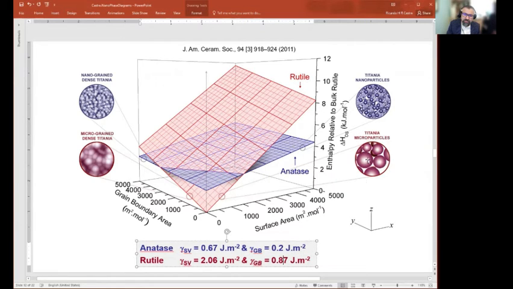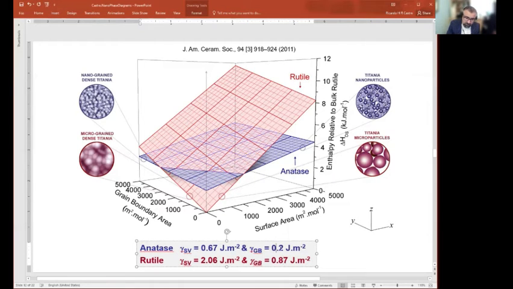So if I go to the extreme case where I only have dense samples, with no surface, a fully dense material, then I can write a graph that is basically grain boundary area as a function of energy as well. And you see that you have coarsened grains close to zero here, and you have fine grains, nanograin titania, when you go to the high grain boundary areas.